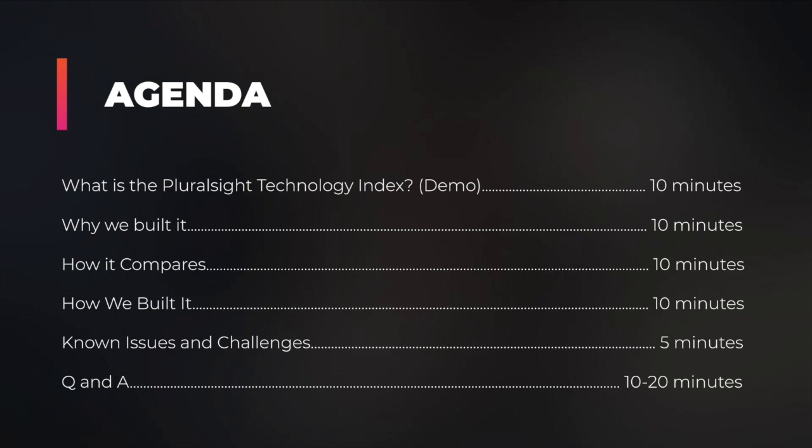And if you really want to get into the nitty-gritty, you will at that point have the knowledge of where the methodology document is so that you can really understand in depth how we calculate the index scores and growth rates and all of that. So we'll also look at some of the known issues and challenges, some of which I've solved and some of which I am currently solving or will be solving in the near future.